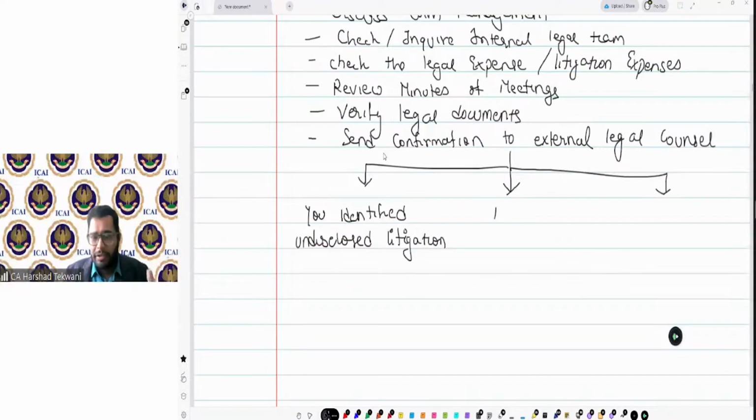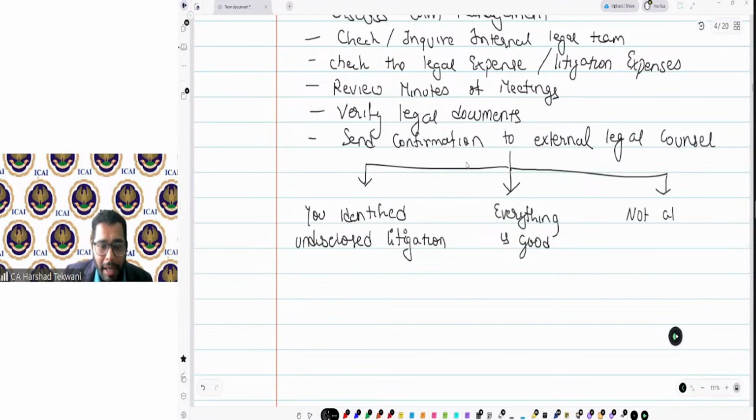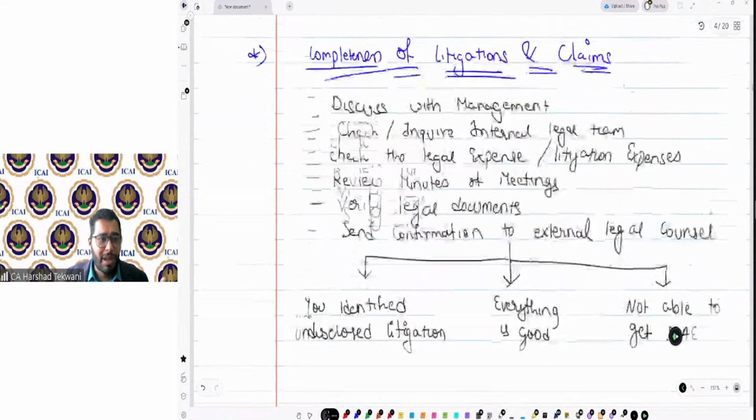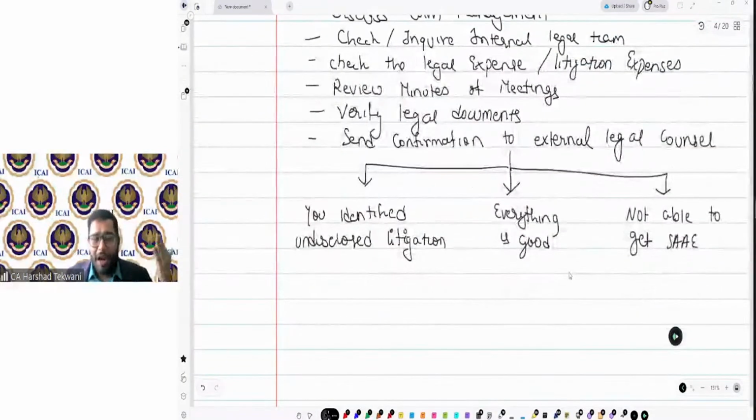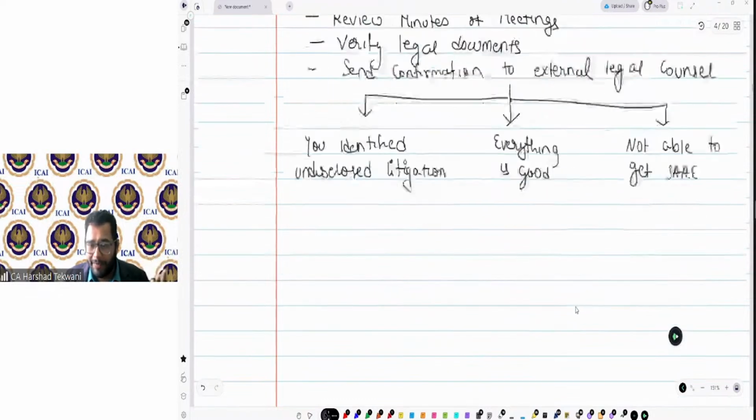So there is no such undisclosed litigation, means everything is fine. Management has not hidden anything. Number three, not able to get sufficient and appropriate audit evidence, means either you are not able to send confirmations, or you are not able to review the meetings, or any of the things you are not able to perform. That's why you are not able to get sufficient and appropriate audit evidence.